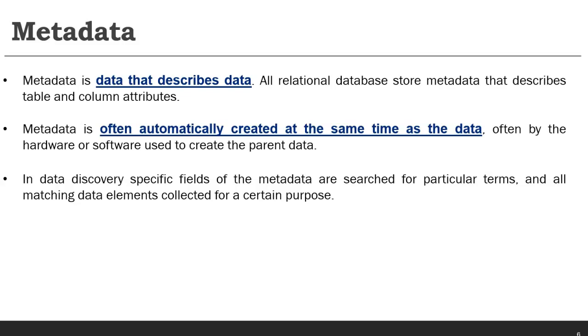All relational databases use these techniques. So in data discovery, specific fields of the metadata are searched for a particular term and all matching data elements are collected for a certain purpose. So you can search all the images clicked on a particular day, or at a particular place. If you have visited a place, you want to know all the images you clicked that day or at that place. All this can be searched with the metadata values attached to the object.